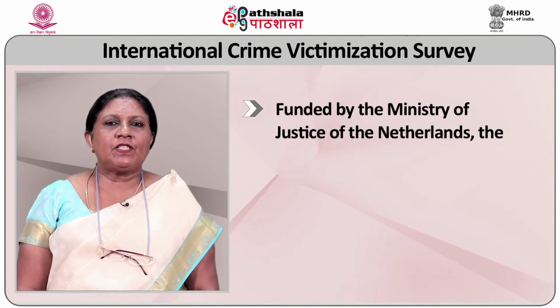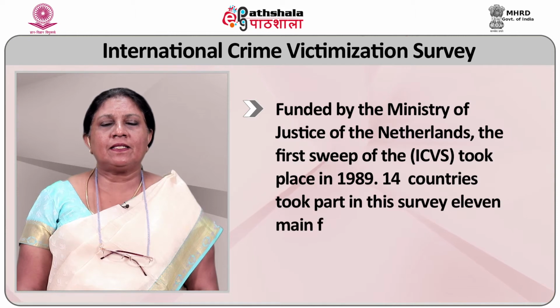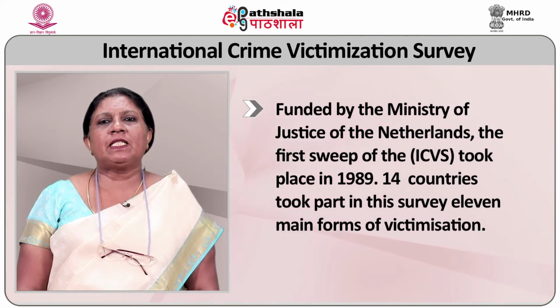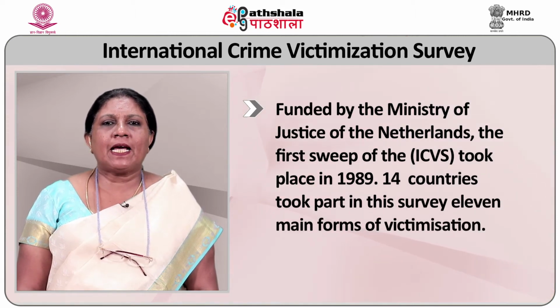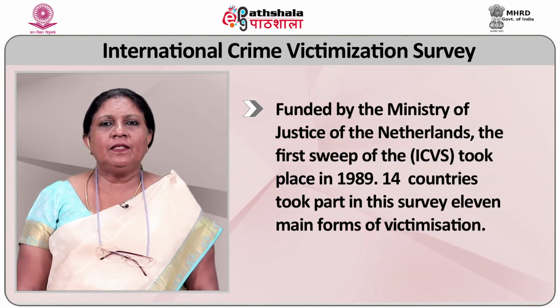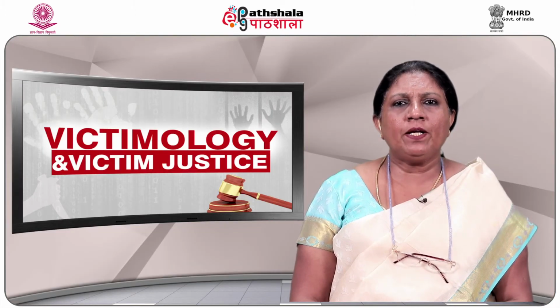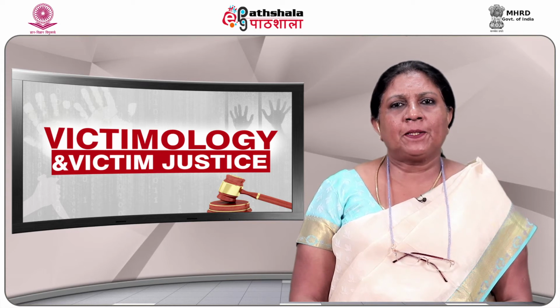Funded by the Ministry of Justice of the Netherlands, the first sweep of the ICVS, that is the International Crime Victimization Survey, took place in 1989. 14 countries took part in the survey. 11 forms of victimization were studied. It was reported that they had experienced one or more of the offences.